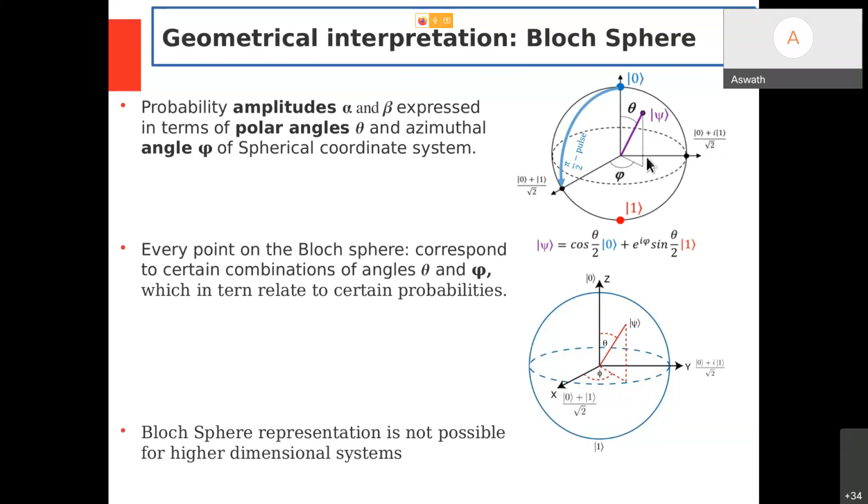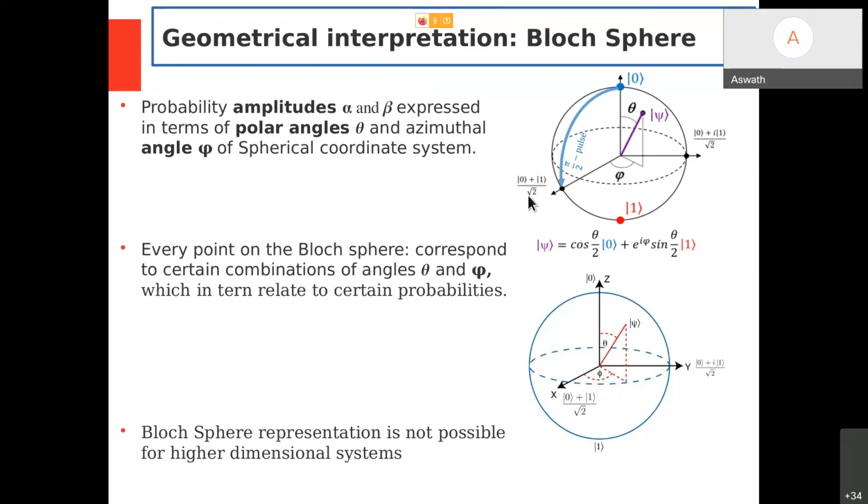So on the equatorial plane I will have an angle, and that angle is phi, the azimuthal angle. For the polar angle, if I have a point on the surface, connect that point to the origin. The position vector of that point makes an angle with the north pole. That is the polar angle theta. If I drop a shadow of this line onto the equator, that makes an angle phi with the x-axis. That is the azimuthal angle.